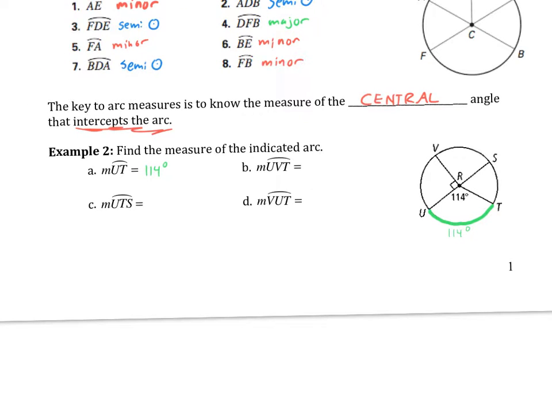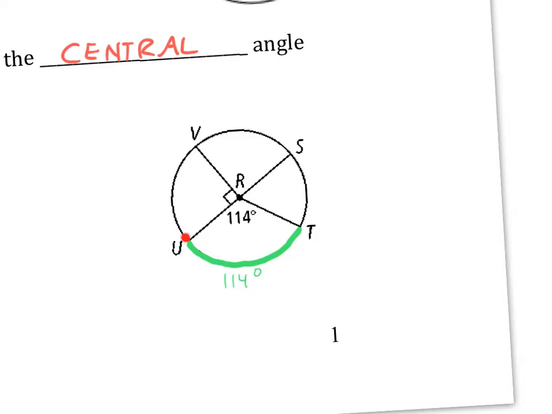So now let's look again at this one. The measure of arc UVT. So here's U, here's V, and here's T. So this one you say, wait a tick. How can I know the measure of all around here if I don't know the measures of the pieces? Well, what's the measure all the way around? 360. And notice, we're just not including that.